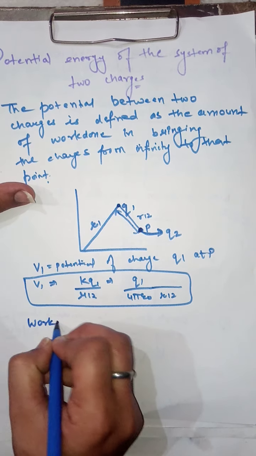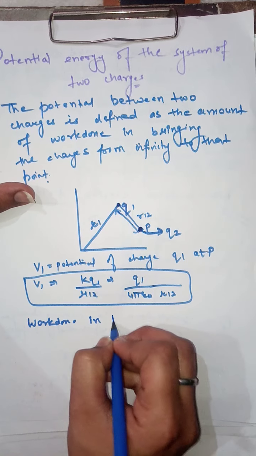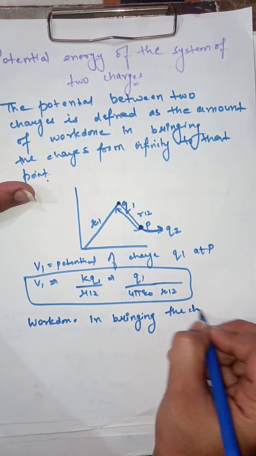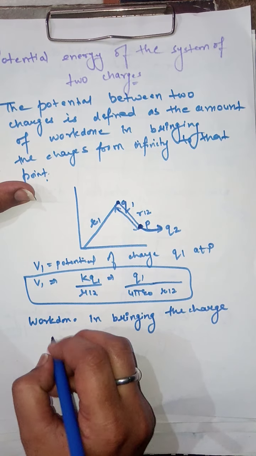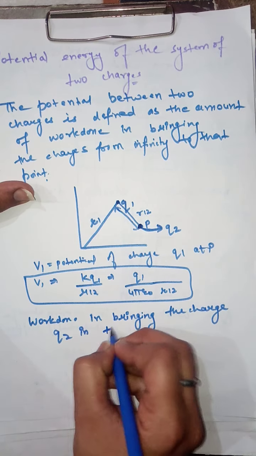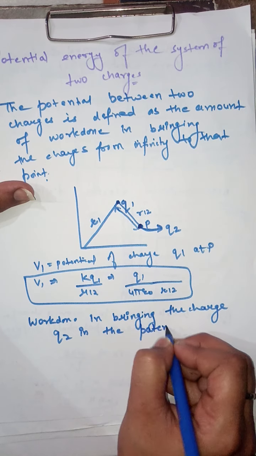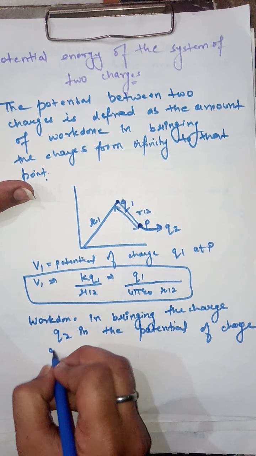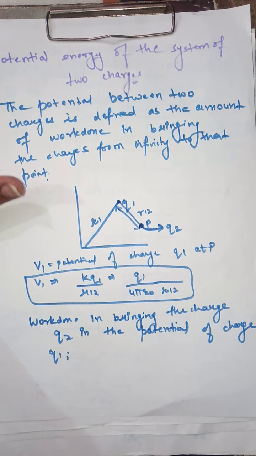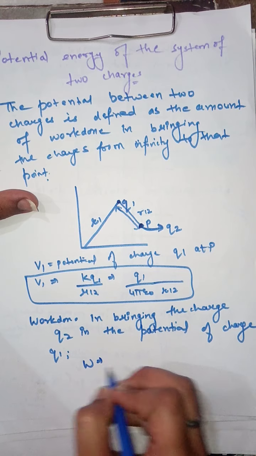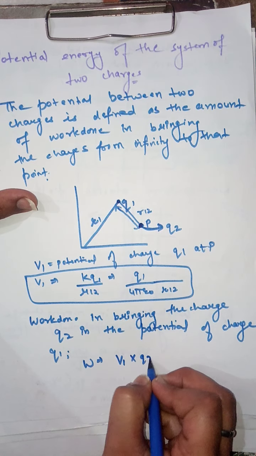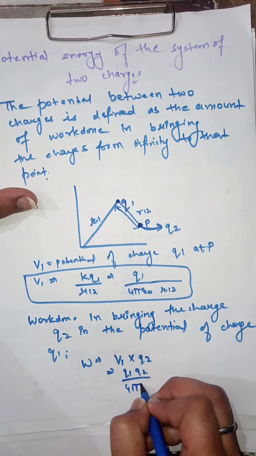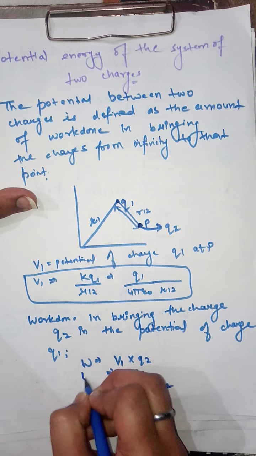So the work done in bringing the charge q2 in the potential of charge q1 is equal to V1 multiplied by q2, that is q1 q2 by 4 pi epsilon naught r12.